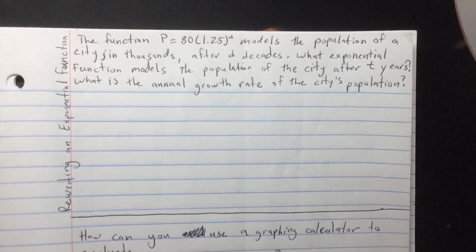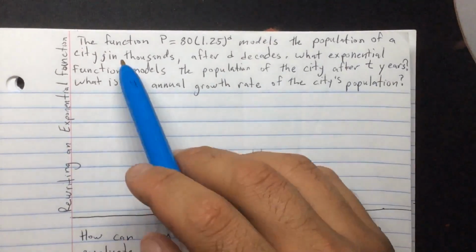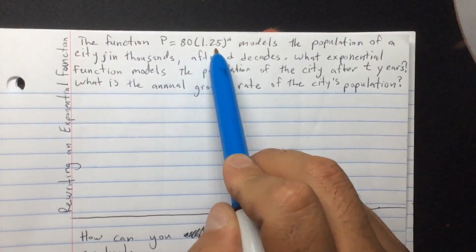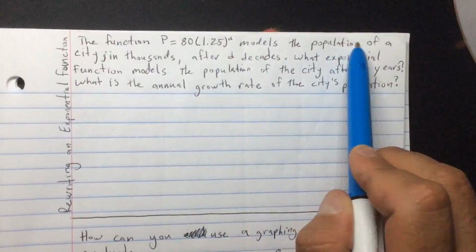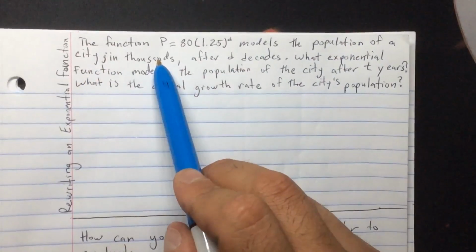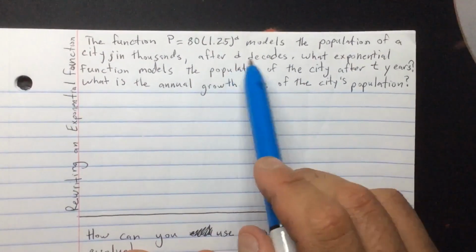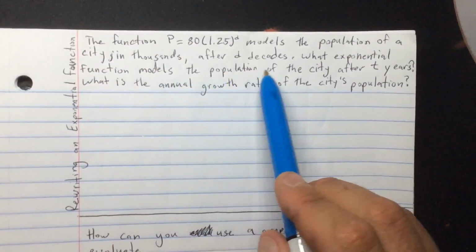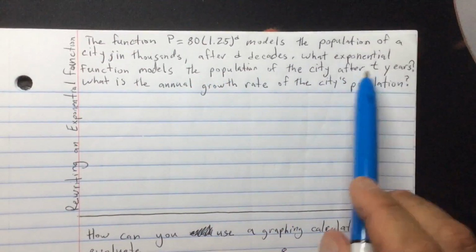All right, this one says the function P equal to 80 times 1.25 to the D models the population of a city in thousands, after D decades. What exponential function models the population of the city after t years?